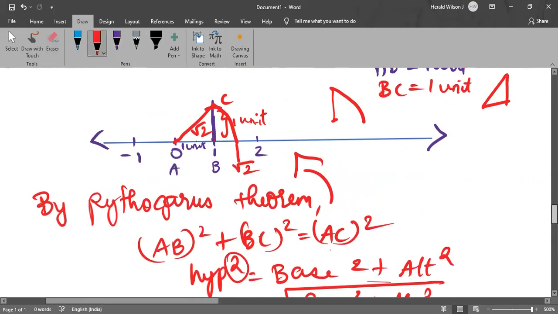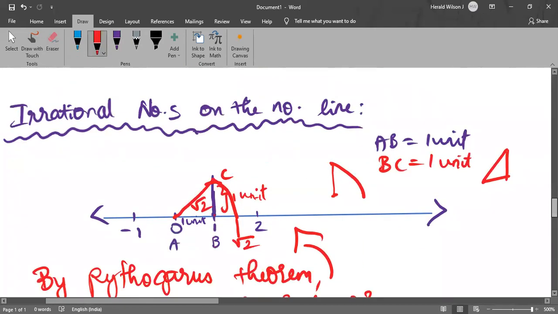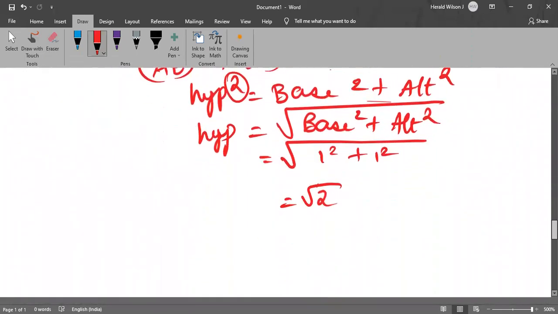So once I measure root 2 on this right angle triangle, AC will be equal to root 2. Then I'm measuring AC, the root 2, and by placing my compass at B, I'm representing root 2 on the number line. Clear? Is it clear?